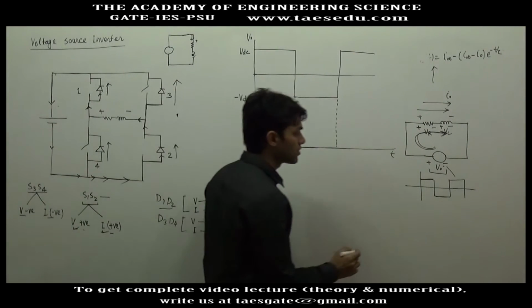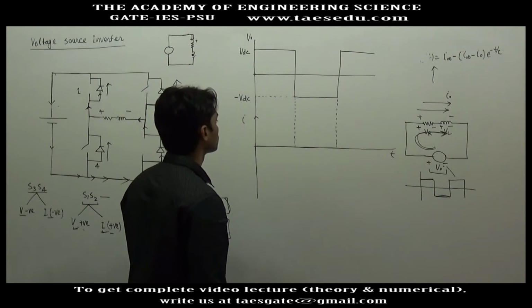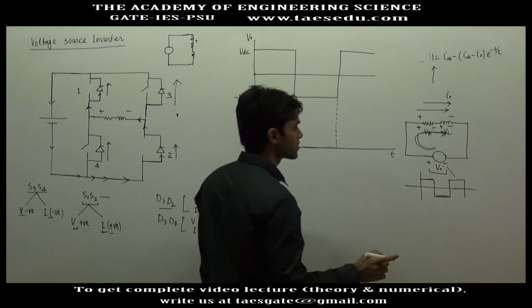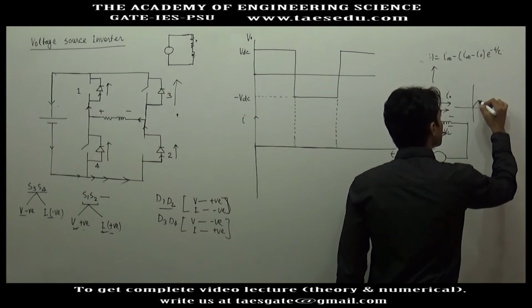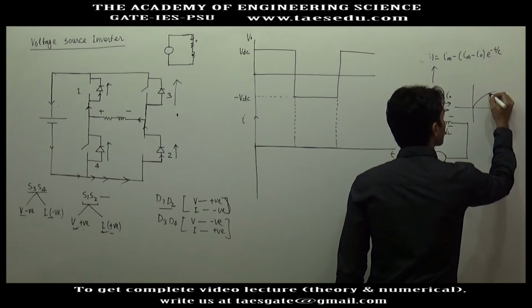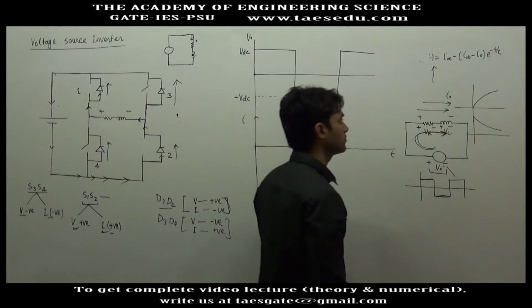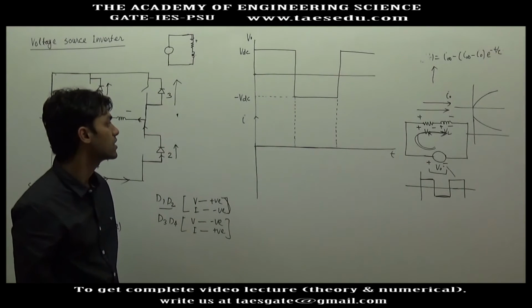And whenever voltage is negative, current will tend to decrease. And since this is a first order circuit, current will increase this way asymptotically, and current decreases this way. This we have studied in first order circuit in network.